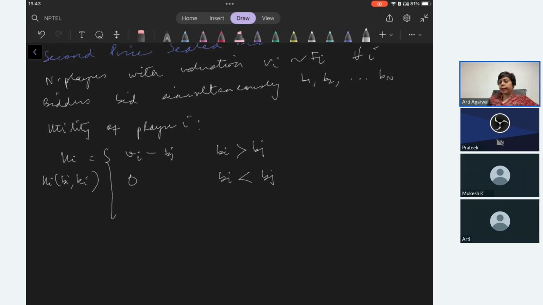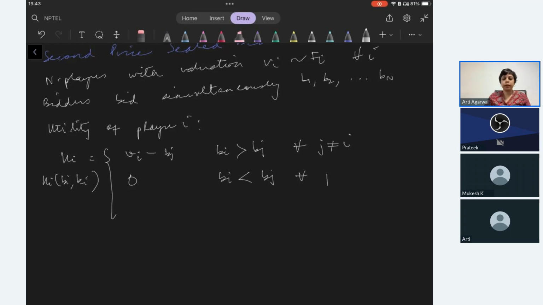Other than the fact that we have used i and j, this is a pretty standard expression. Instead of i and j, you can use 1 and 2 if it is a two-player case. All we know is that this is true for all j not equal to i.